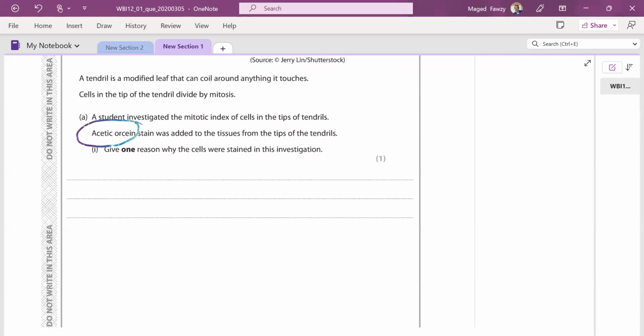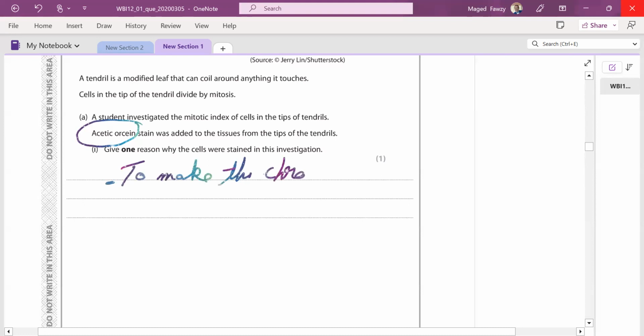Okay, so I don't know what is that. Just a second. Try it in a simple way to make the chromosomes visible.